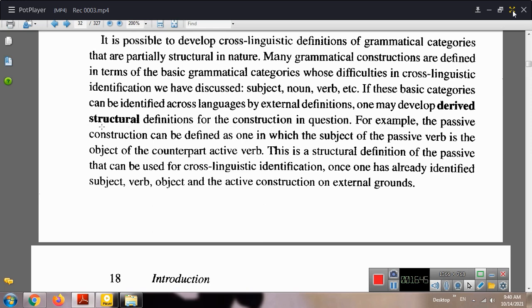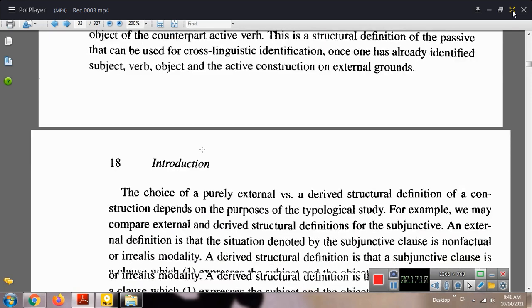For example, the passive construction can be defined as one in which the subject of the passive verb is the object of the counterpart active verb. This is a structural definition of the passive that can be used for cross-linguistic identification, once one has already identified subject, verb, object, and the active construction on external grounds.